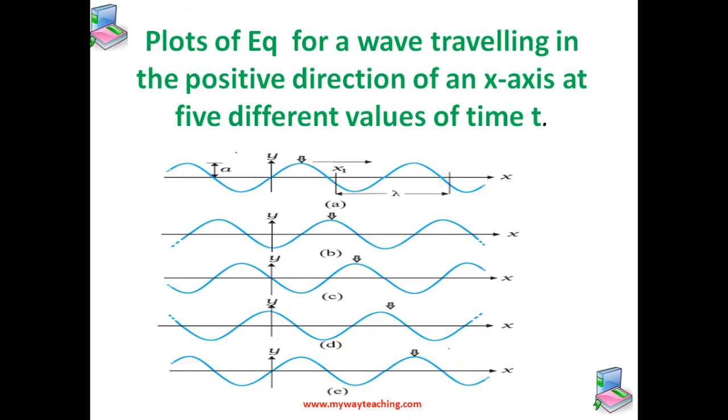See, this figure shows the plots of equation 1 that we just saw before, for different values of time differing by equal intervals of time. So in a wave, the crest is the point of maximum positive displacement.